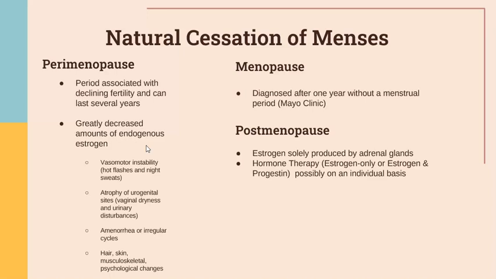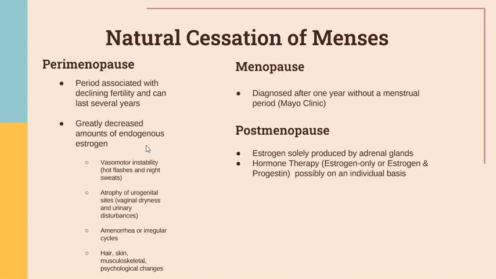So what they might see is vasomotor instabilities. That's why women get hot flashes or night sweats. You might see atrophy of the urogenital sites, like vaginal dryness, urinary disturbances can happen, amenorrhea or irregular cycles. And then there's also hair, skin, and psychological changes. Menopause is actually diagnosed after 1 year without a menstrual period.